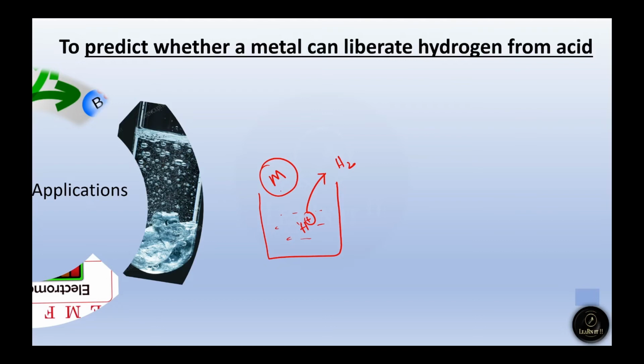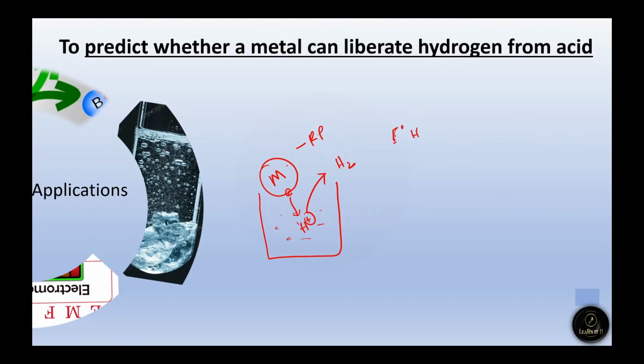It happens when this metal gives an electron to H+. This happens when the metal undergoes oxidation. It means that this metal should have oxidation potential, or it should have negative reduction potential.